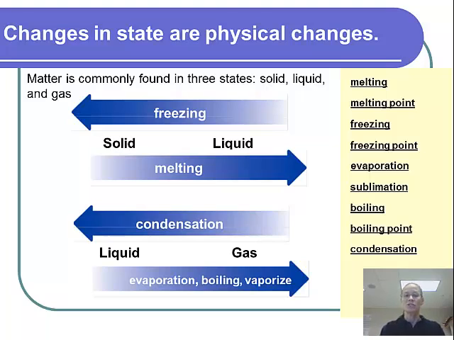With condensation, again, we're going from higher energy to lower energy. Energy is being removed from the system, and so it's exothermic. In the case of liquid going to a gas, we have energy going into the system, and that would be an endothermic change.